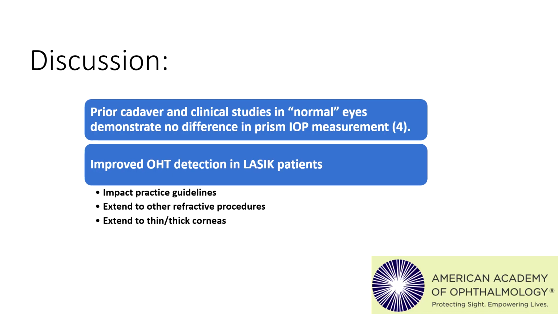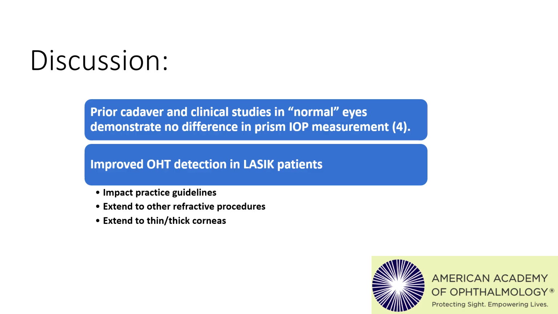Prior cadaver and clinical studies have demonstrated that the modified and standard prisms measure a substantially equivalent IOP on average in healthy, unaltered eyes. The modified prism improves the clinician's ability to detect ocular hypertension in LASIK patients, reducing the risk of undiagnosed glaucoma.